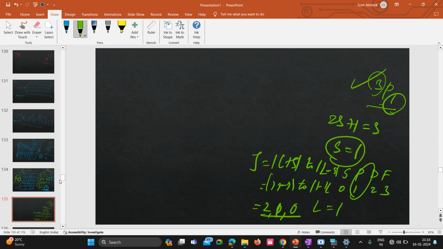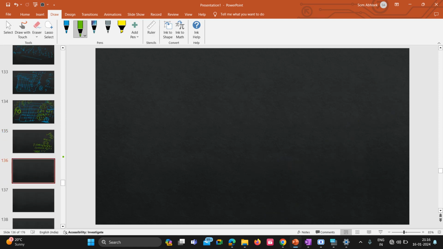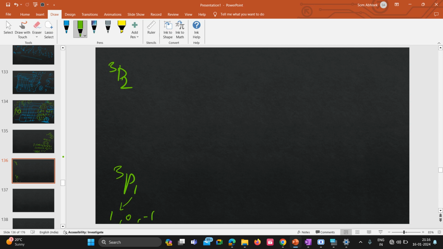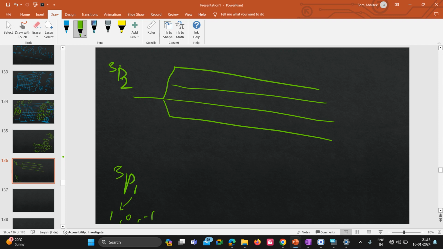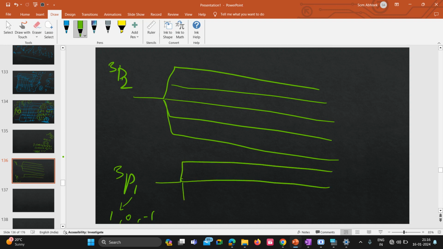Okay, let's check the splitting then. 3D2, right? And our 3P1. 3P1 means J value is 1. That means splitting will be 1, 0, minus 1. Okay. So here again, sorry for this very paint line. 3P1 is 1, 0, minus 1.